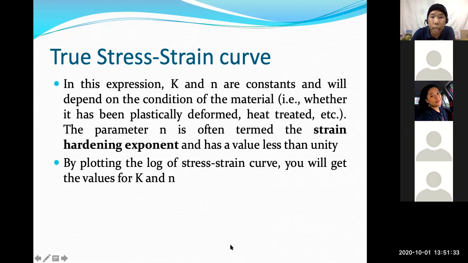In this expression, K and N are constants and will depend on the condition of the material.